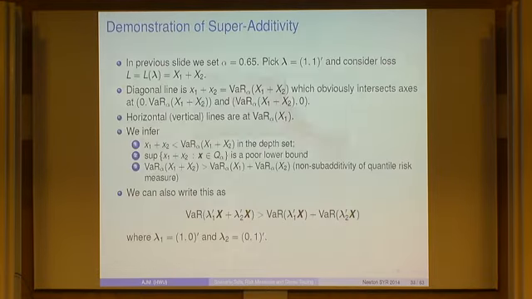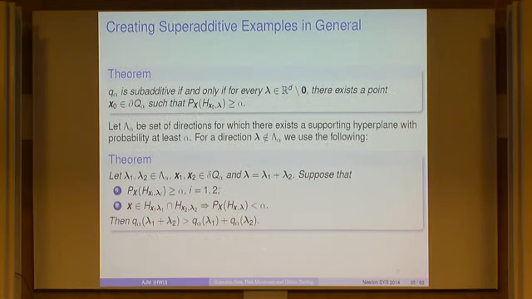I have written down, sort of over-elaborately, what the construction here is. Q alpha is subadditive if and only if for every possible direction there is a point at the boundary such that the probability of a half space through that point with direction lambda exceeds alpha. You have to be able to find a supporting hyperplane bounding a half space of probability at least alpha in that direction.